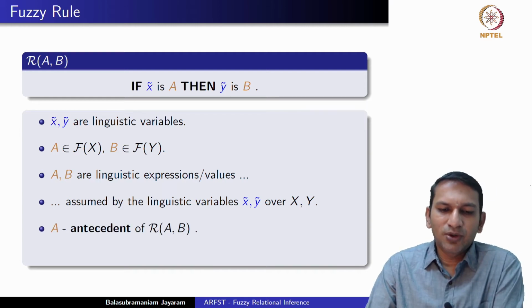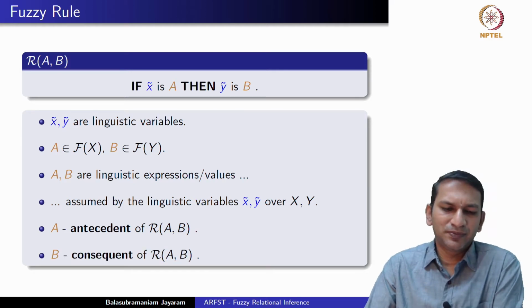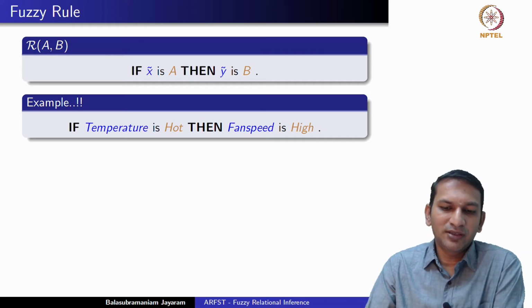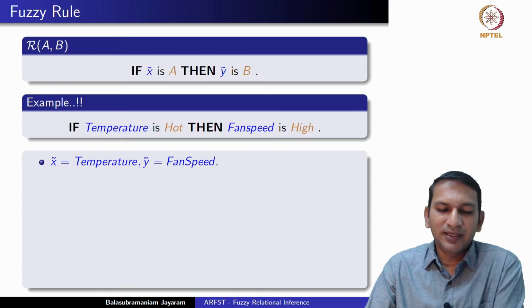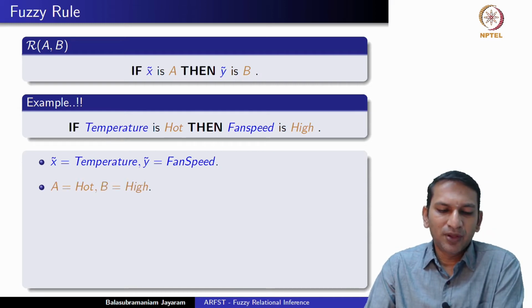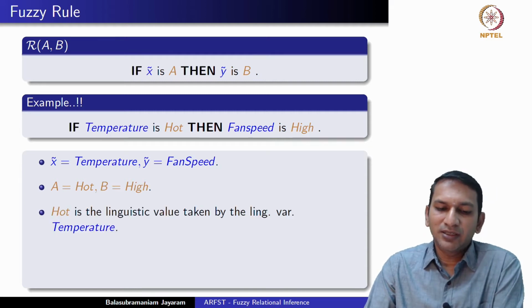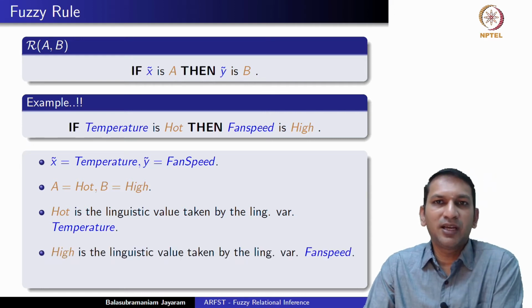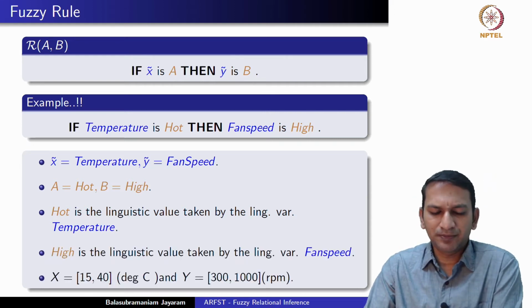Note that A is called the antecedent of this rule and B the consequent of this rule. One example that we have seen earlier: we have this rule, if temperature is hot, then fan speed is high. Then temperature and fan speed are the linguistic variables. Hot and high are the linguistic values. Hot is the linguistic value taken by the linguistic variable temperature, and so is high, which is taken by the fan speed.